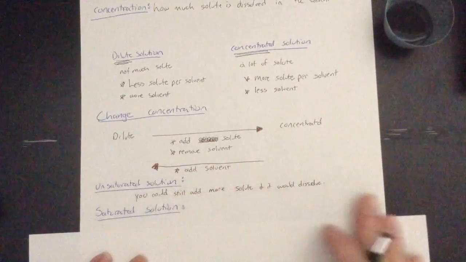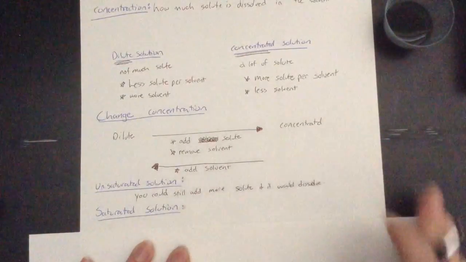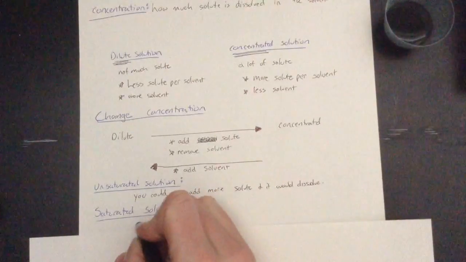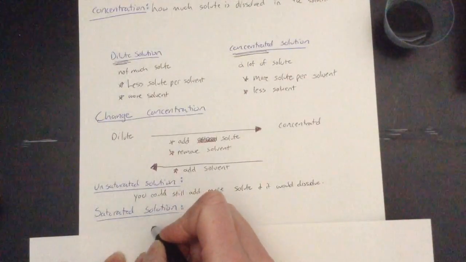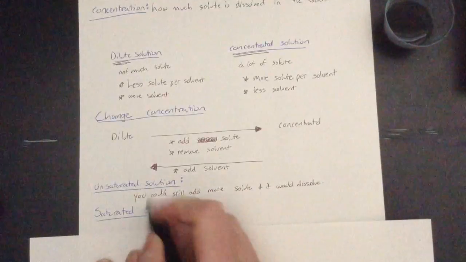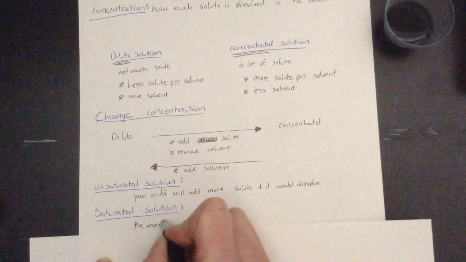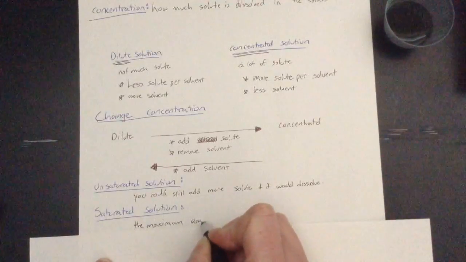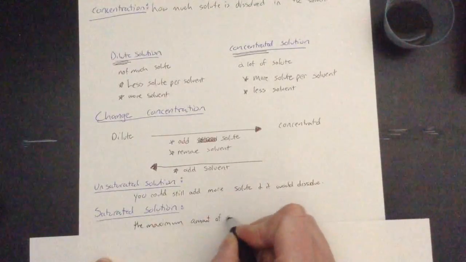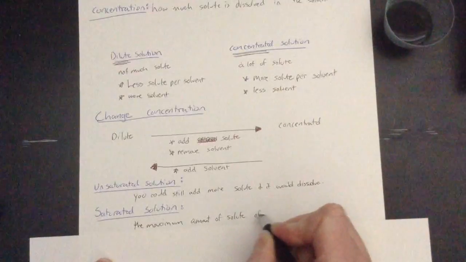At some point in time, maybe not so with food coloring, but eventually I have added enough solute that I can't dissolve anymore, and we call that a saturated solution. The maximum amount of solute has been added.